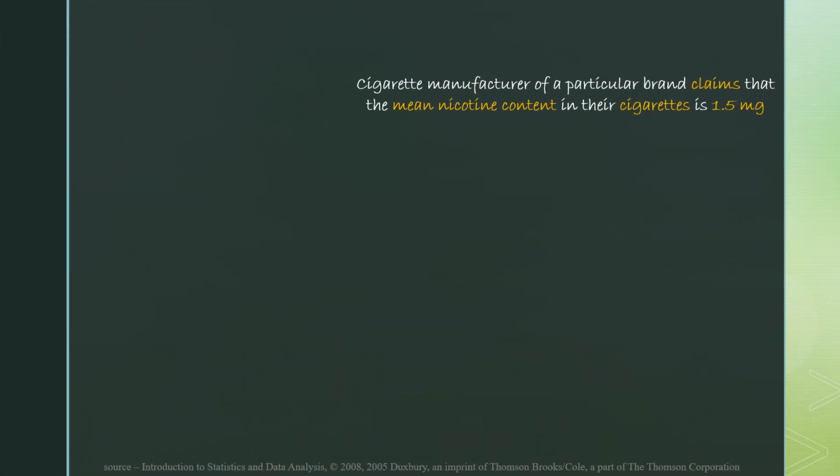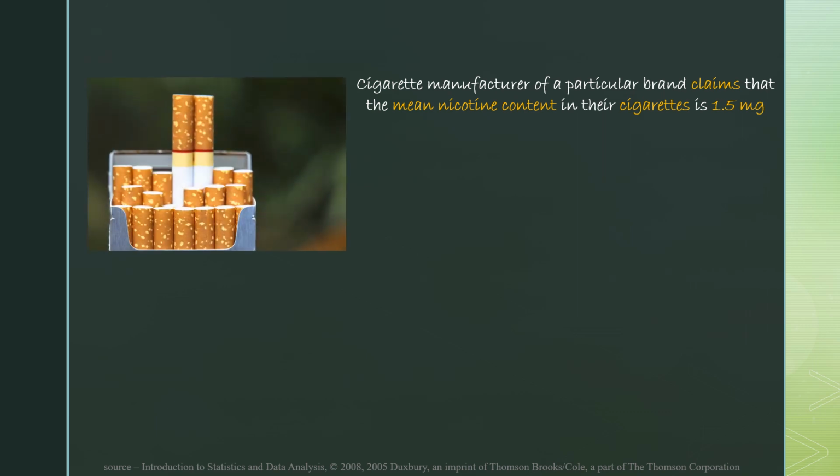Let's apply the learning so far and estimate beta and the power of the test with an example. A cigarette manufacturer of a particular brand claims that the mean nicotine content in their cigarettes is 1.5 milligrams. We may investigate this claim by testing H0, that is mu equals 1.5, versus HA, that is mu is greater than 1.5.